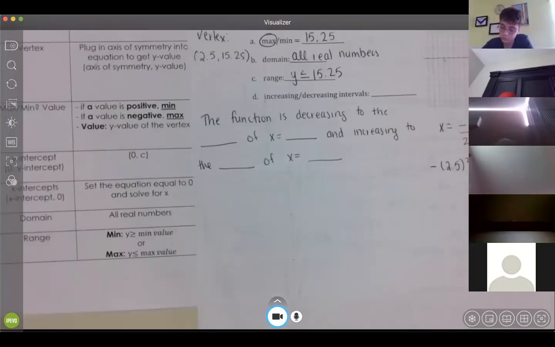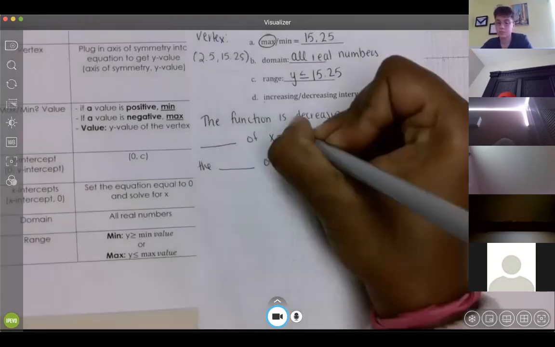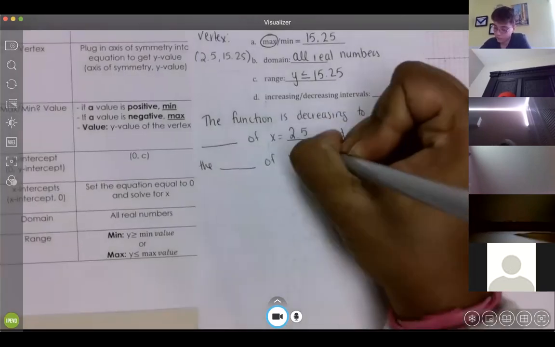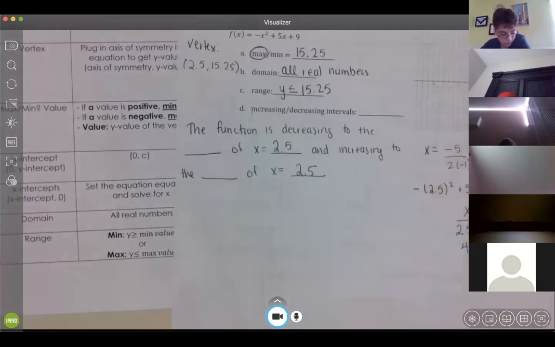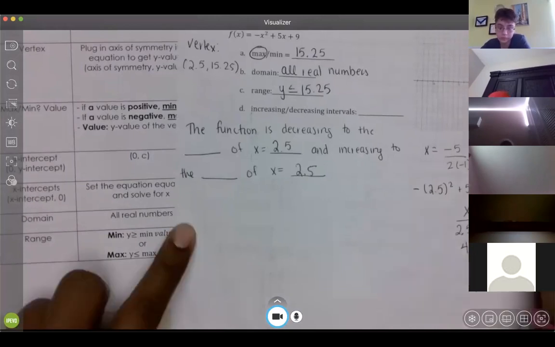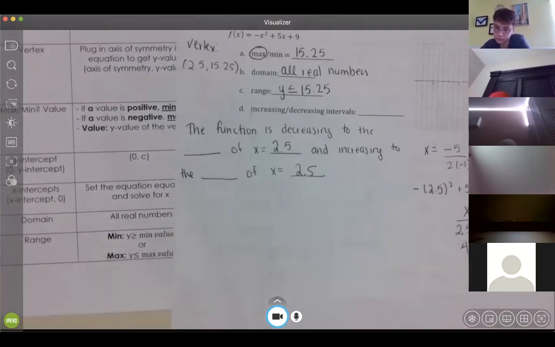It's always the x value of your vertex. What's the x value of our vertex? 2.5. So let's look at that on the graph. Here's our vertex. On the left side, on this portion right here, is it increasing or decreasing? What do you think, Noah?